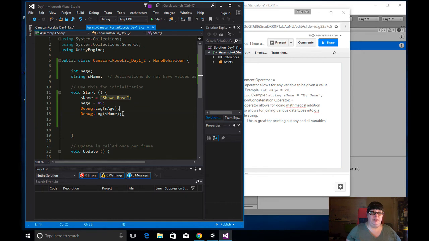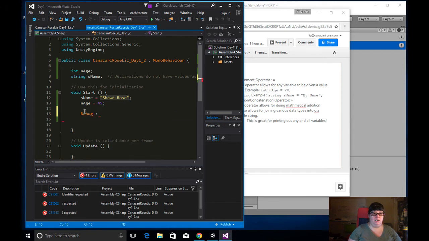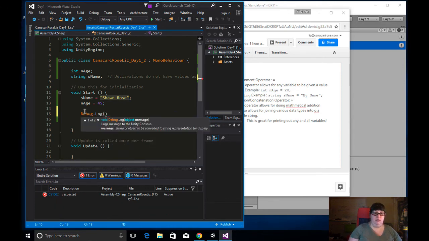So instead of two debug.log statements, I'm going to remove both of those and do one debug.log, and I'm going to start with "my husband's name is". Since I already have a variable with his name in it, I can use that plus sign operator.